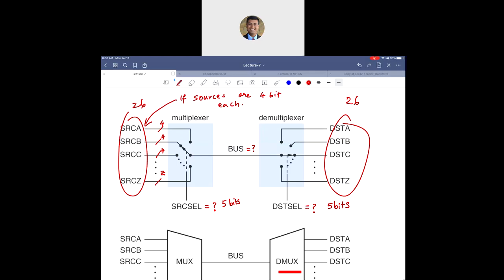Absolutely, it has to be 4 bits, because one of these guys needs to go through that bus. So if this is 4 bits, that has to be 4 bits, which also means each of these has to be 4 bits as well.